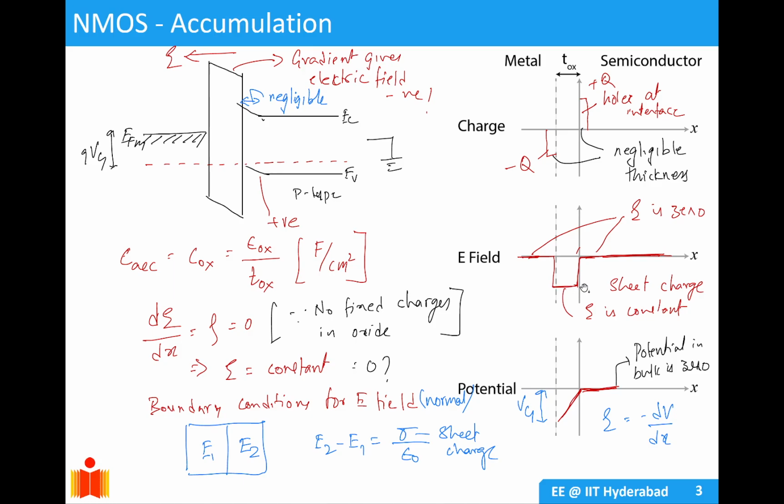And at the semiconductor-oxide interface it encounters a high positive charge, so the electric field goes from negative back to zero, and then it's zero continuously. So you can see only in the oxide region we have an electric field, at a negative value. Hence the oxide band has a negative slope.